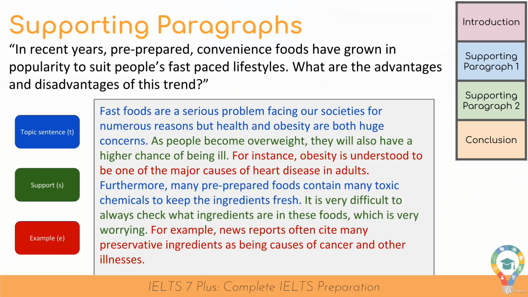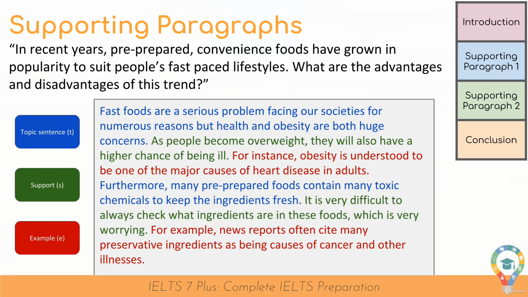Fast foods are a serious problem facing our societies for numerous reasons, but health and obesity are both huge concerns. As people become overweight, they will also have a higher chance of being ill. For instance, obesity is understood to be one of the major causes of heart disease in adults.